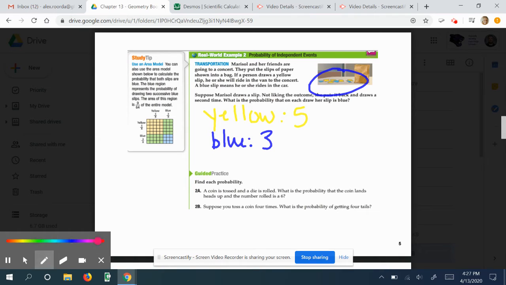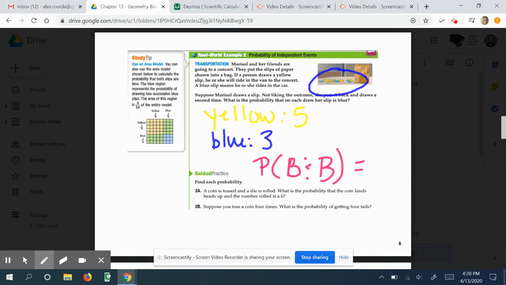So you can see that there's a total of 8 different things that are going in the bag, right? So now it says, suppose Marisol draws a slip, not liking the outcome, she puts it back and draws a second time. What is the probability that each one of her slips is a blue? So we're looking for the probability of blue, we'll call it B, and then blue again, all right? So there's a total of 8 of these, right?